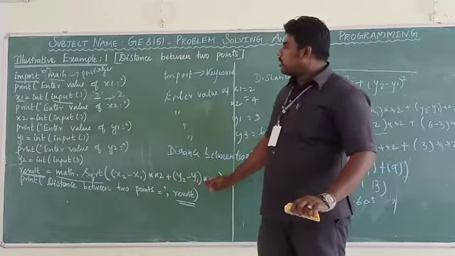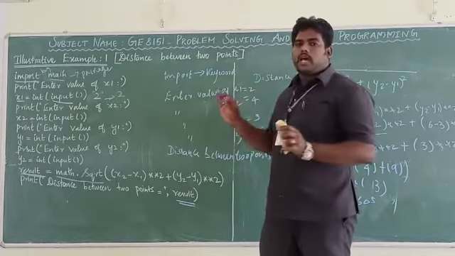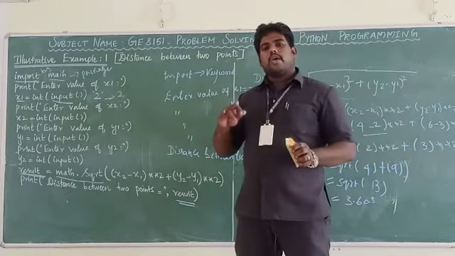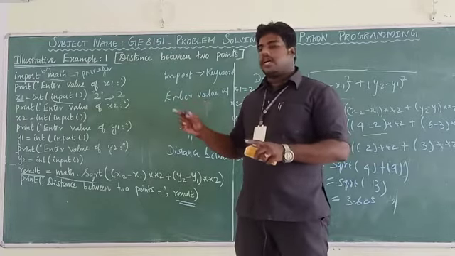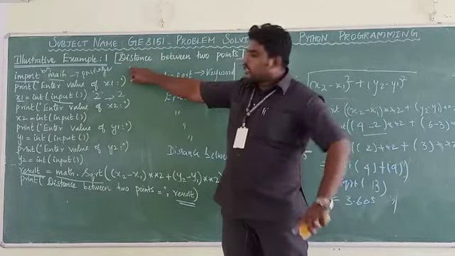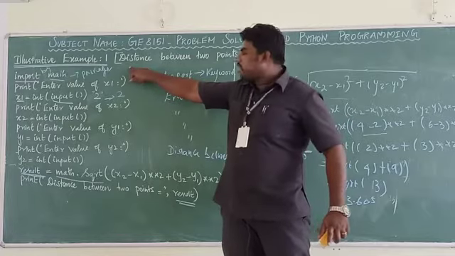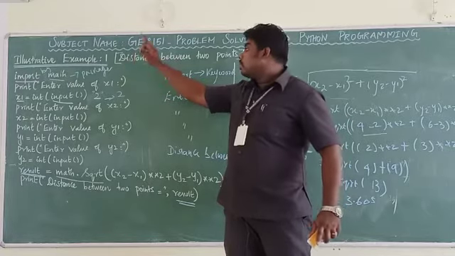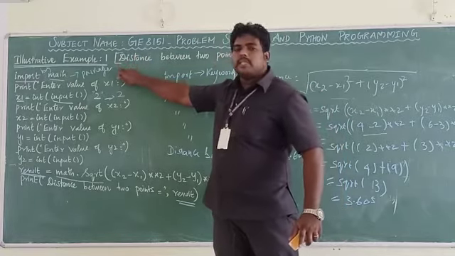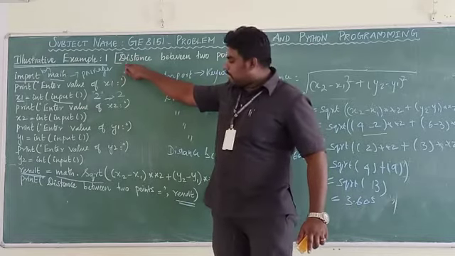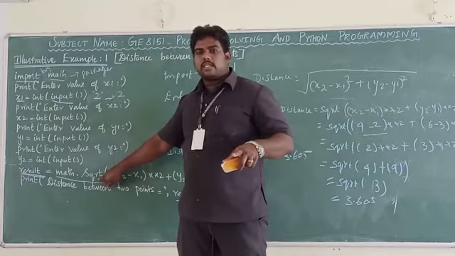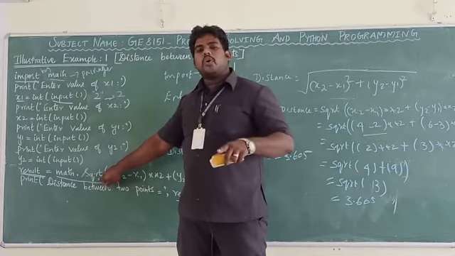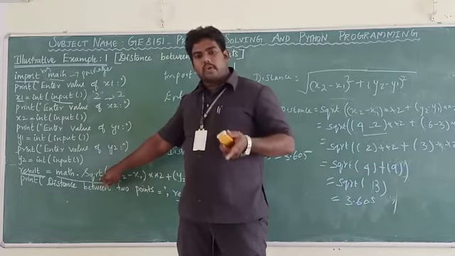I am explaining once again. First you have to know the formula. Formula equal to square root of x2 minus x1 the whole square plus y2 minus y1 the whole square. So first, import is a keyword, math is a package. Here if you skip this line, while using square root, you will get the error, because your program doesn't know where the square root function is located.